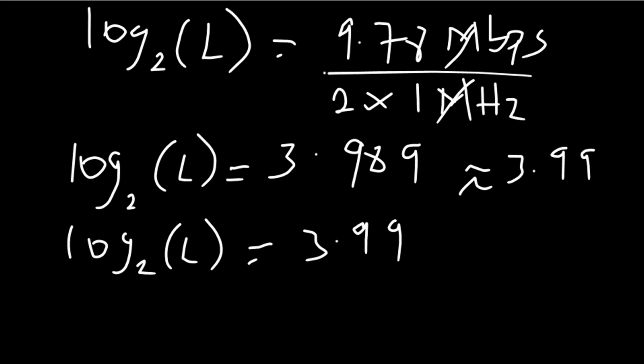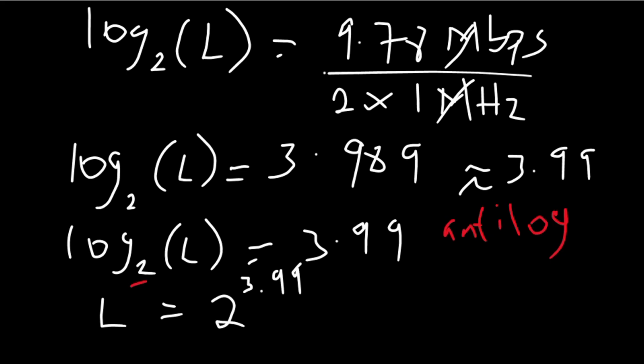What the anti-logarithm means is that wherever there is log, it goes to 1. When you put this in the calculator, you get 2 to the power 3.99. The anti-log of 3.99 is 2 to the power 3.99.